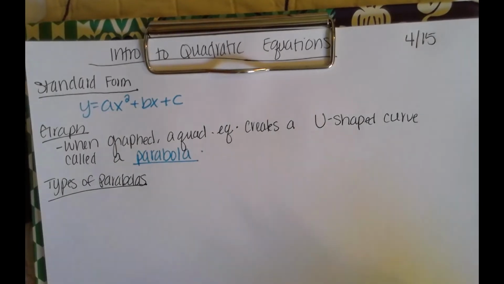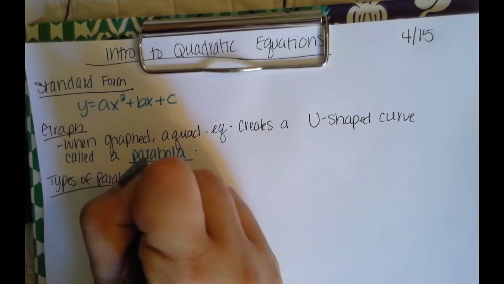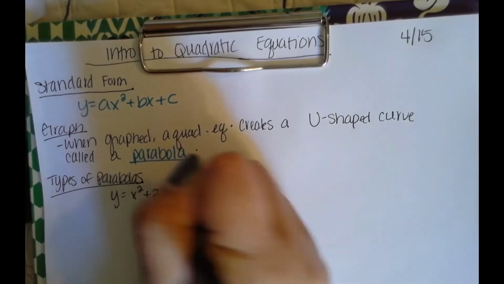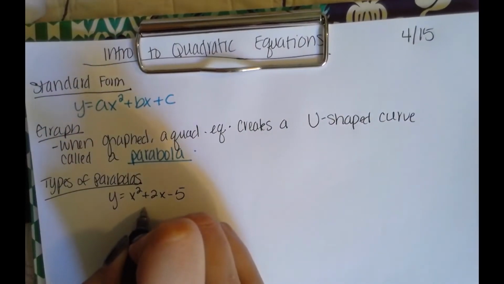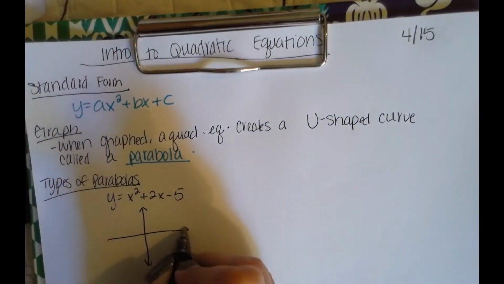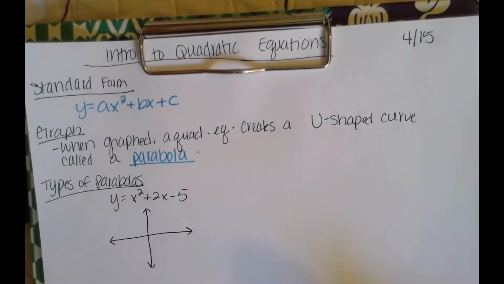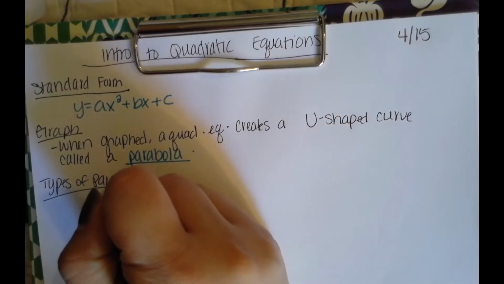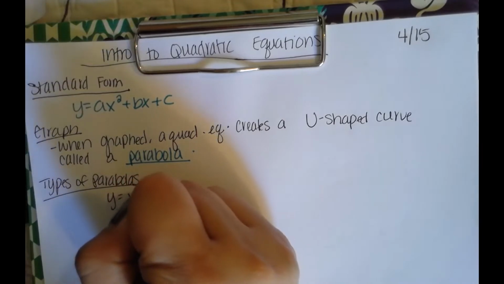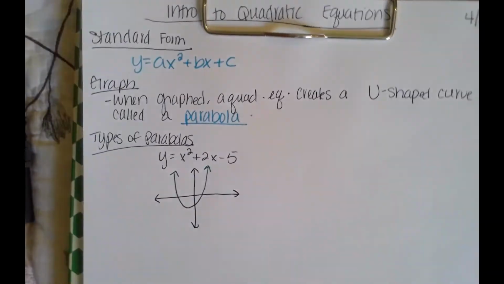Alright, so that was y equals x squared plus 2x minus 5. Looking at this, the graph looked a little bit like that. I think that's a pretty good graph.